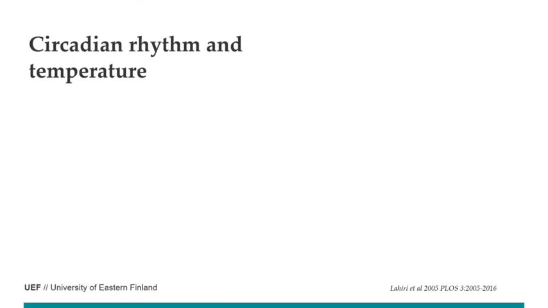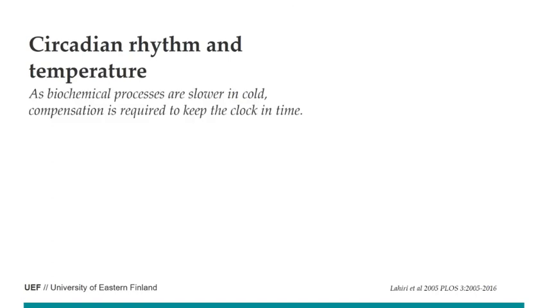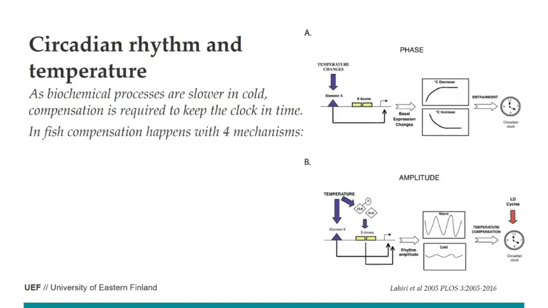But what about then? We already learned that in the cyanobacteria there was a compensation of this circadian rhythm for temperature, but it's also important for wildlife animals. Because biochemical processes are slower in the cold, some compensation is needed, otherwise the clock would be very slow and late. And in this fish they have 4 different mechanisms. First of all, they have entrainment by the temperature cycle.